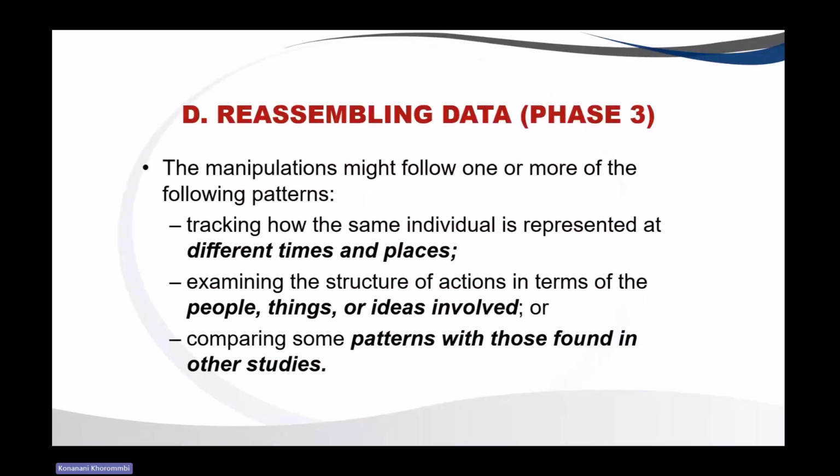Examining the structures of actions in terms of the people, things, or ideas involved. You look at the actions of the people. Later on, I will show you in one of the matrices how people react in terms of their relationships with the animals. If they are afraid of an animal, they react. If you see a lion, you run away because you are afraid of it.